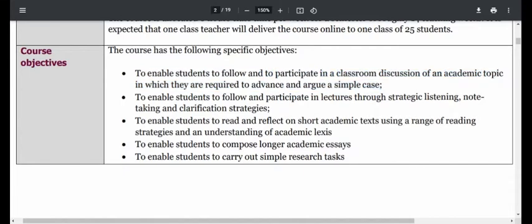One of the specific objectives of this course is to enable students to follow and to participate in a classroom discussion of an academic topic in which they are required to advance and argue a simple case.